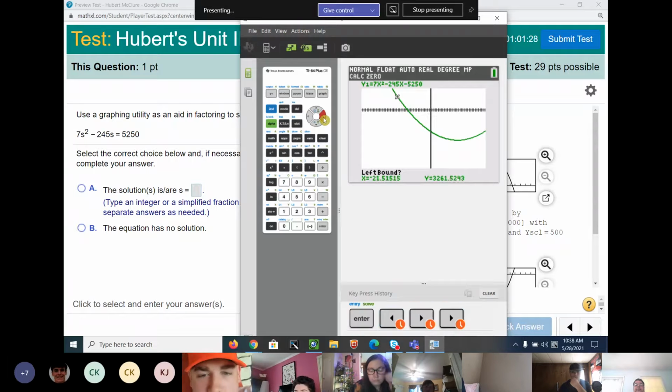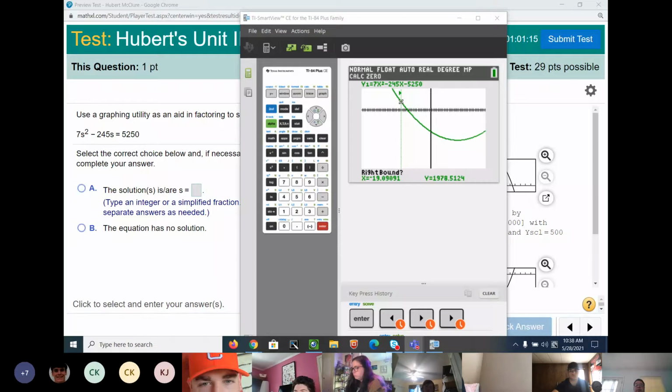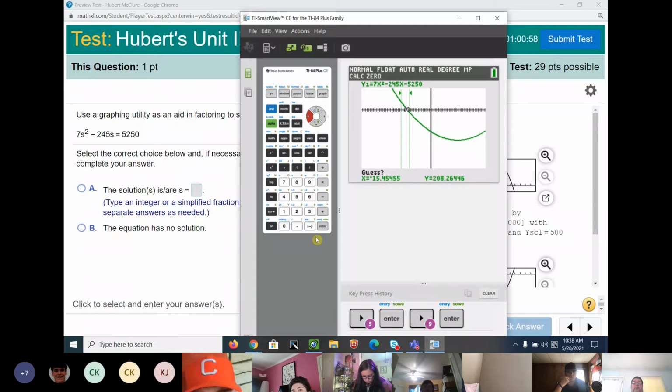Y'all give me a second. Enter. Hold on just a second. And the right bound. And the guess. And there is the -15 and 0 is one X-intercept.